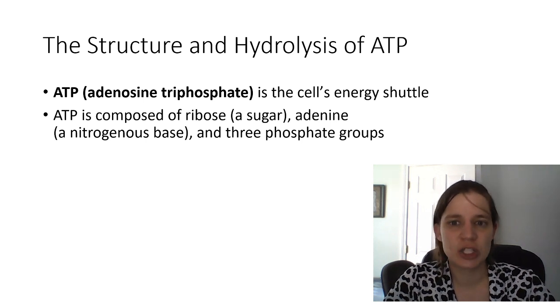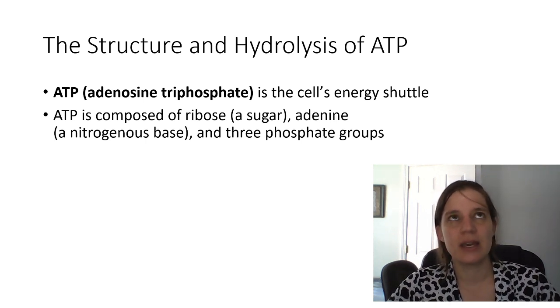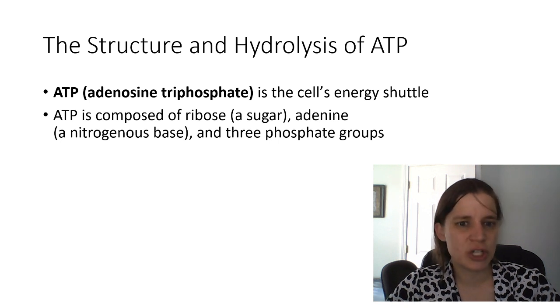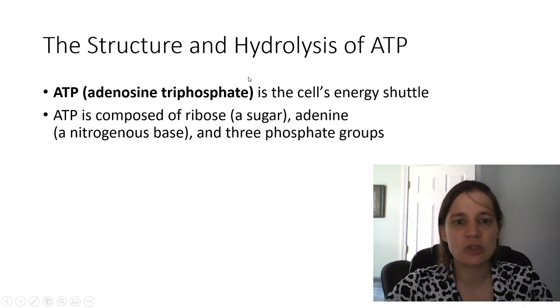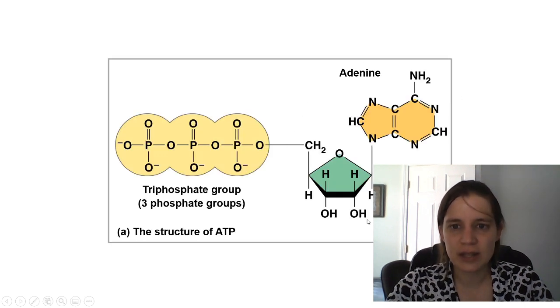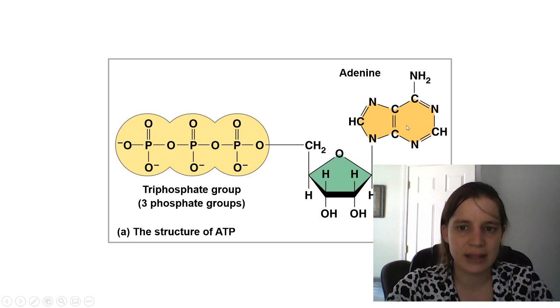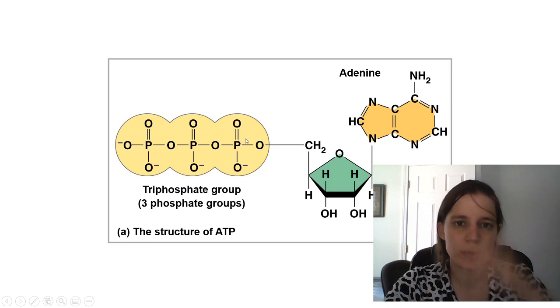The classic analogy is the currency of energy. This molecule, adenosine triphosphate, looks like this. It's got this adenosine part, this sugar, and this adenine part. That's nice, but what we really care about is this triphosphate group.